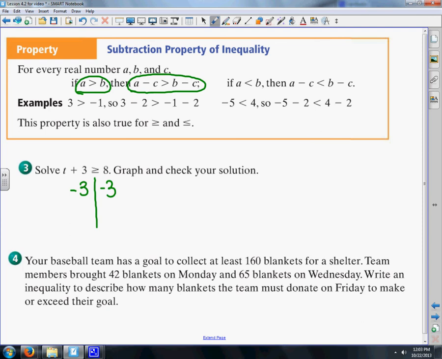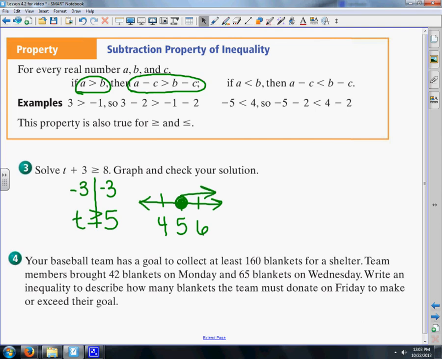So just exactly what they said in the property, when you subtract from one side and subtract from the other side, t is still going to be greater than or equal to 5. And then I draw a graph. And that's going to be a filled in circle. And it's everything greater than or equal to.